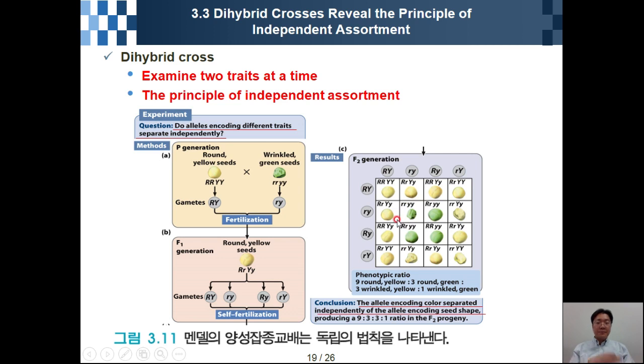But what's the answer? Do alleles encoding different traits separate independently?